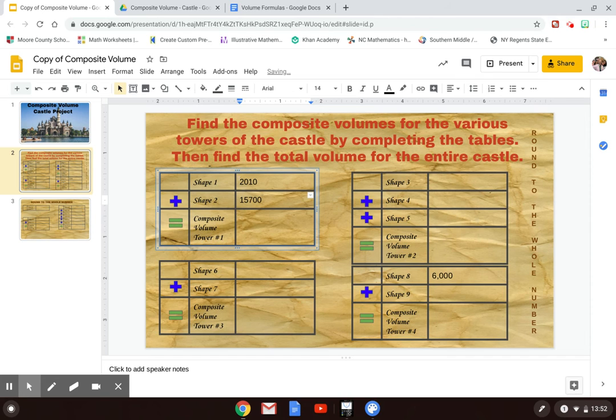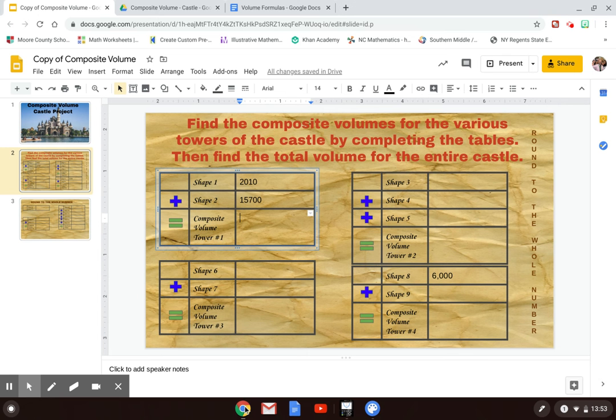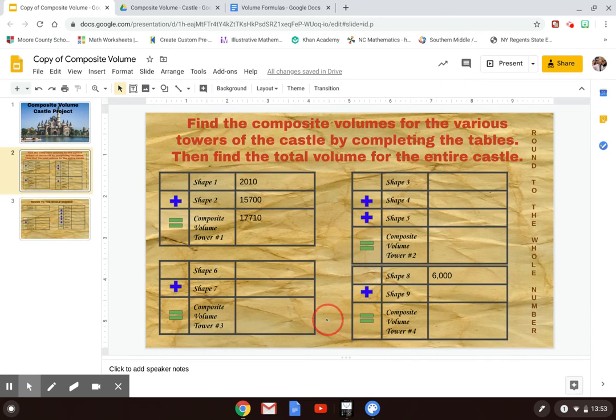So I come back over here to my slides, and I'm going to enter right here 15,700. So shape 1 plus shape 2 equals the composite volume of tower 1. 15,700 plus 2,010 equals 17,710. So down here I type 17,710. That's the composite volume of tower number 1.